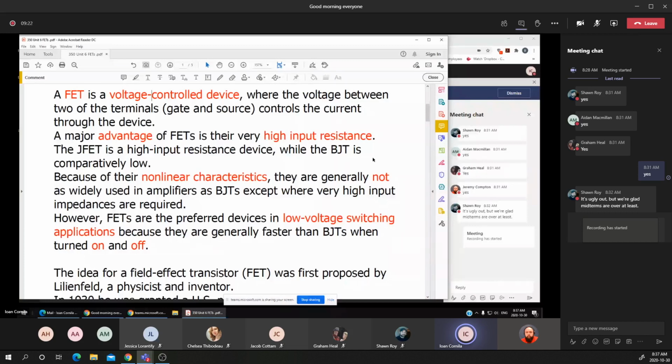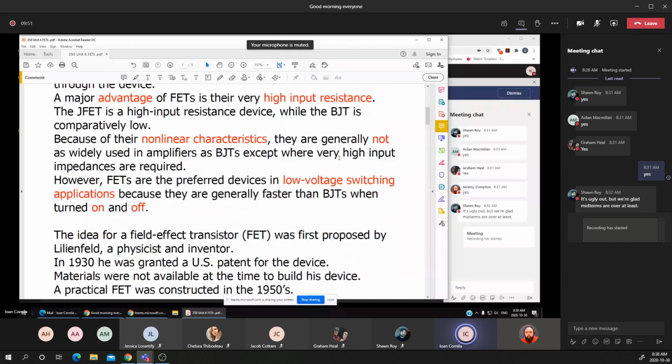Compare that with a BJT: the BJT's input impedance, or input resistance, is much lower than that of an FET. It means that in some applications that require a very high input resistance, an FET is more suitable than a BJT.